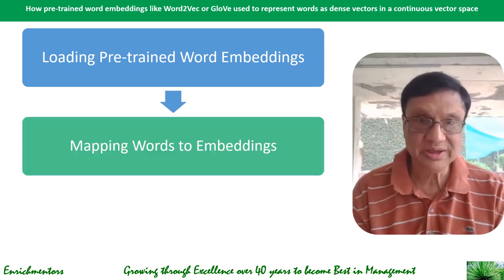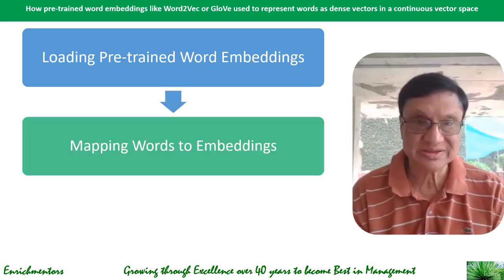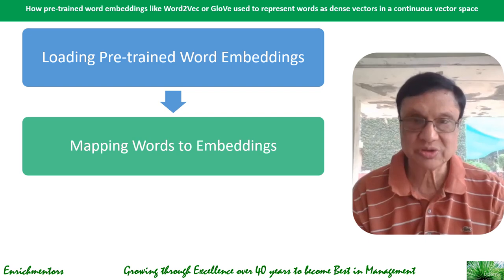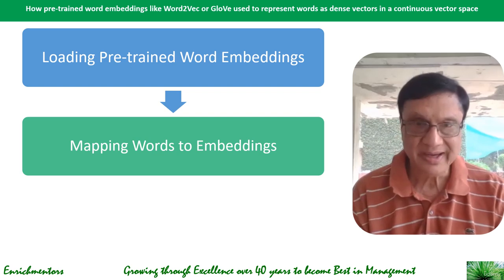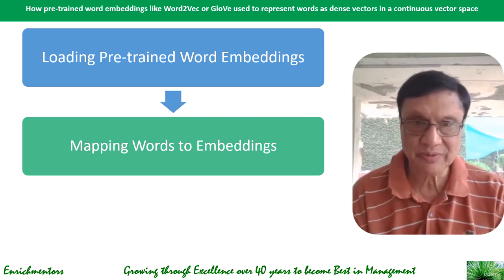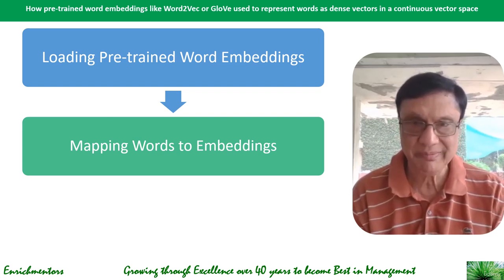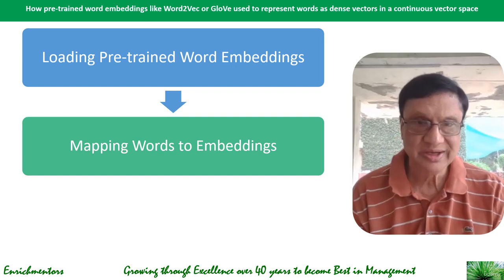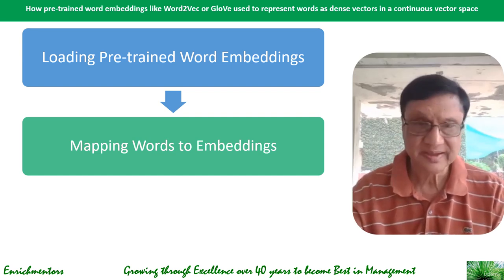Then each word in the vocabulary of the sentiment analysis was mapped to its corresponding pre-trained Word2Vec and GloVe embedding vector. If a word in the data set was not present in the pre-trained word embeddings, it was represented by a zero vector or replaced with a special token.